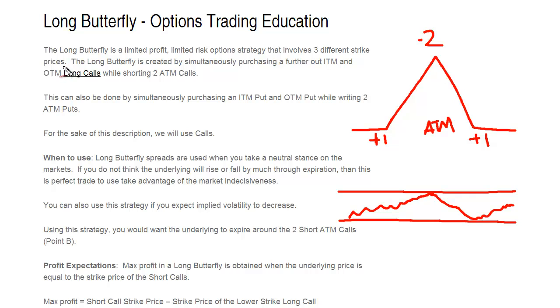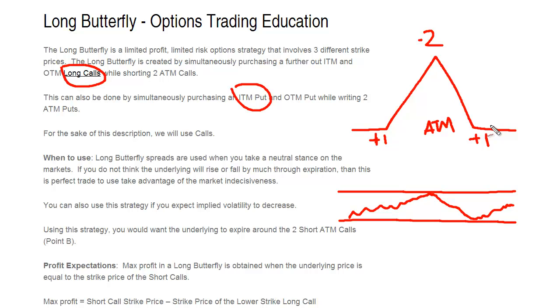Again, this could be done with calls, where you would have a long call, 2 short calls, and 1 long call here. You can also do this with all puts, where you'd have a long put, 2 short puts, and a long put. Or you can actually have a put, a short call, and a long call.